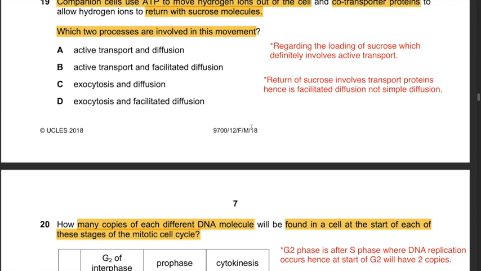Question 19. Companion cells use ATP to move hydrogen ions out of the cell and co-transporter proteins to allow hydrogen ions to return with sucrose molecules. Which two processes are involved in this movement?